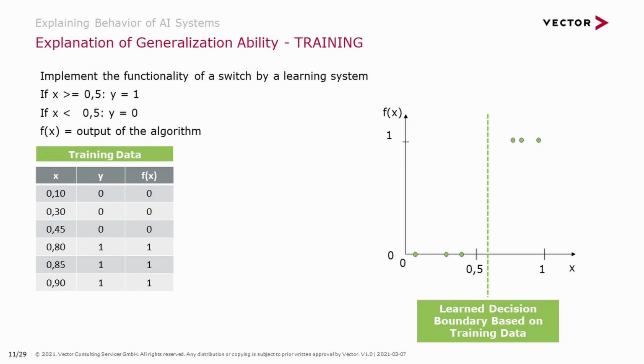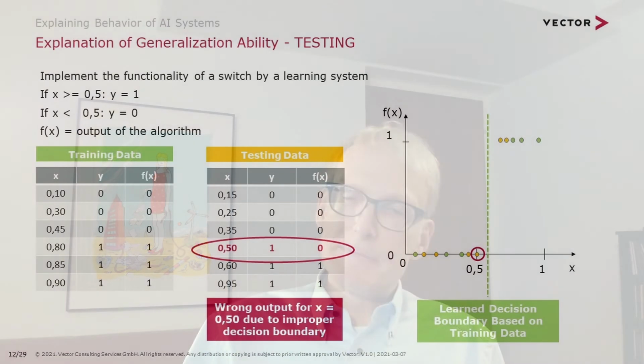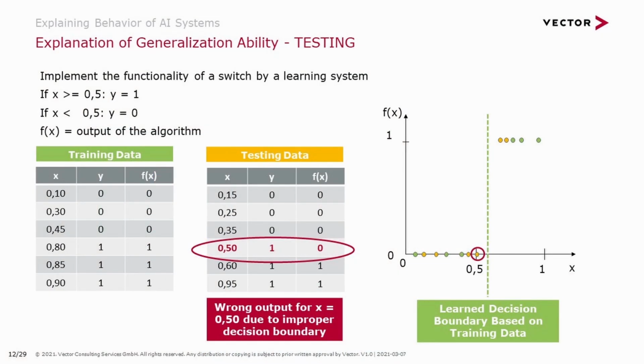The green dots represent the training cases we have. We then have the testing data, and you see they are different from the training data. What happens is that in one specific case, if x is 0.5, the system does it wrong.